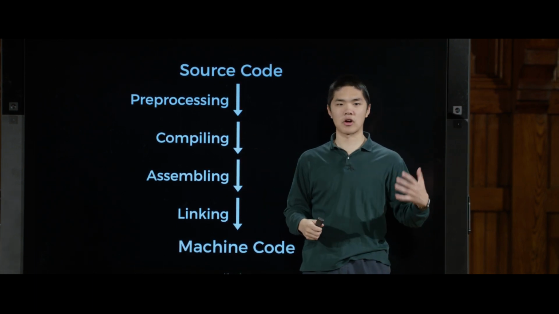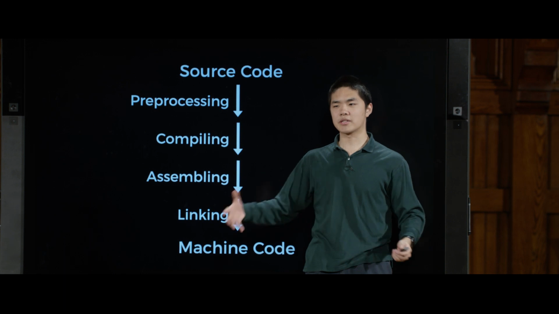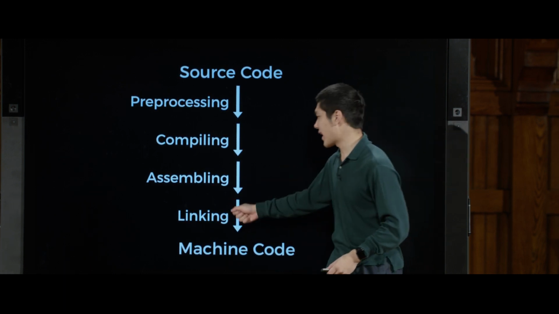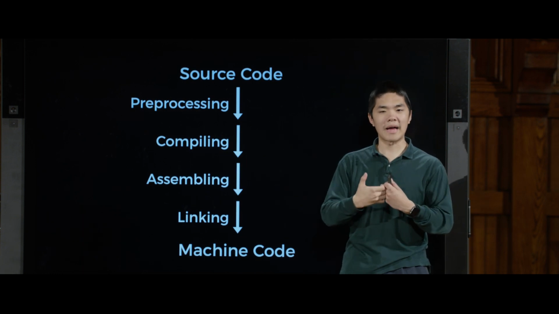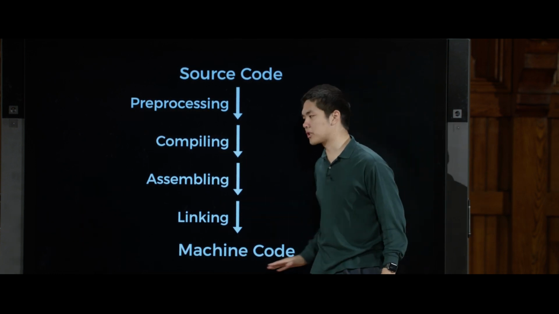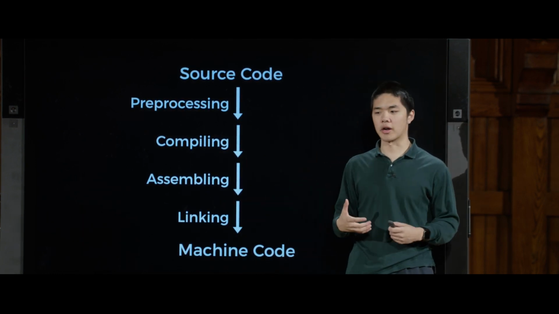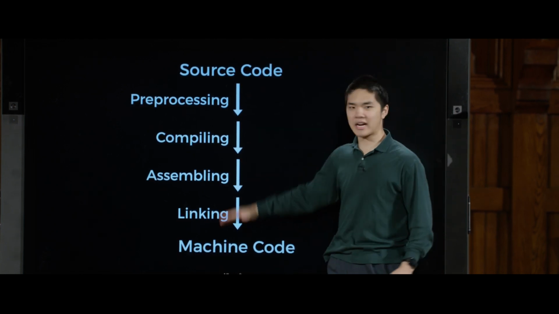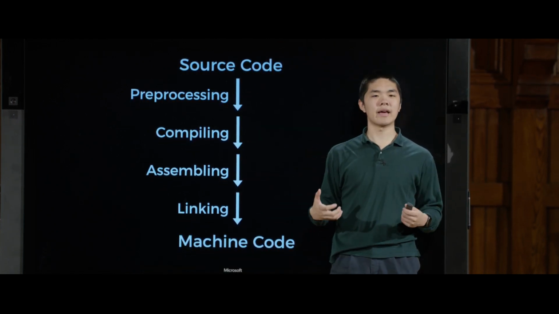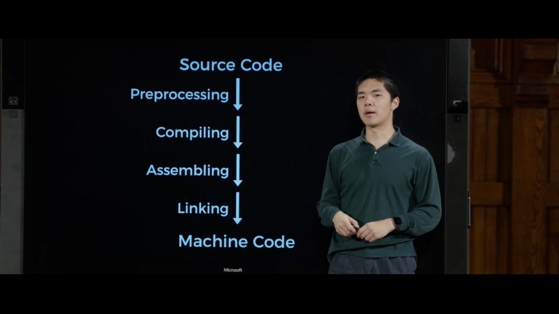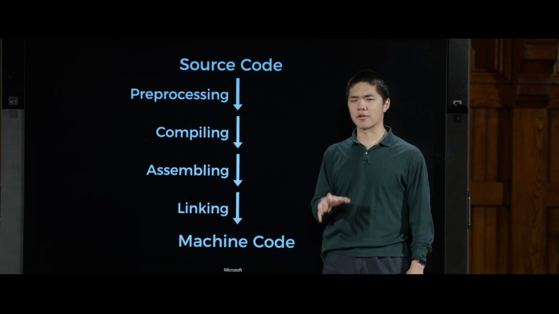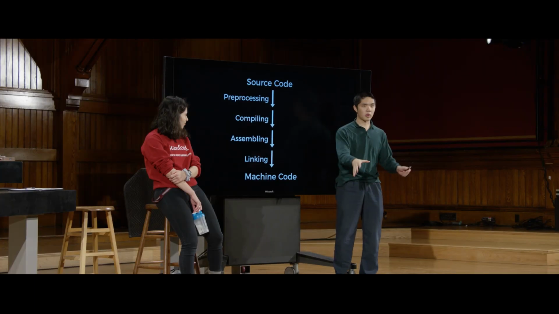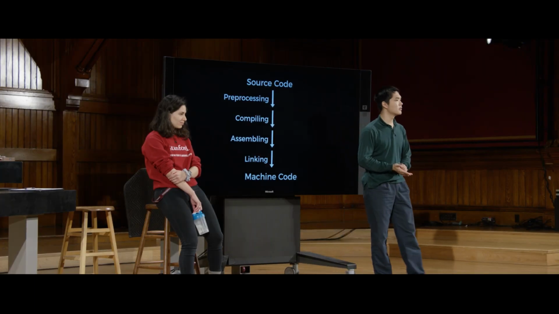Or if we have the getString function that's not in our program, we need to combine with it the zeros and ones that actually run the getString function, linking those binaries together such that the result is the machine code that we can actually run on our computer. So all of this was actually happening when we were running Clang, when we were compiling our code. We didn't have to worry too much about it, but it's good to understand that these steps are in fact there. What questions do we have about compiling?